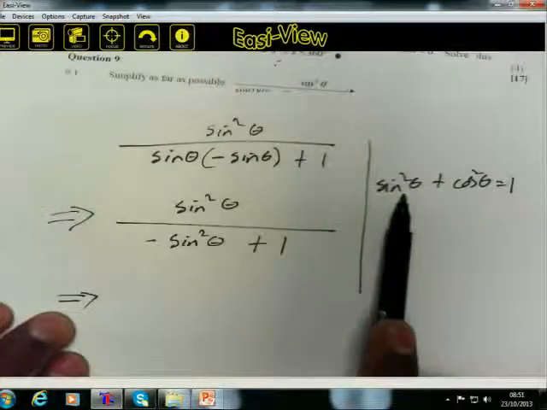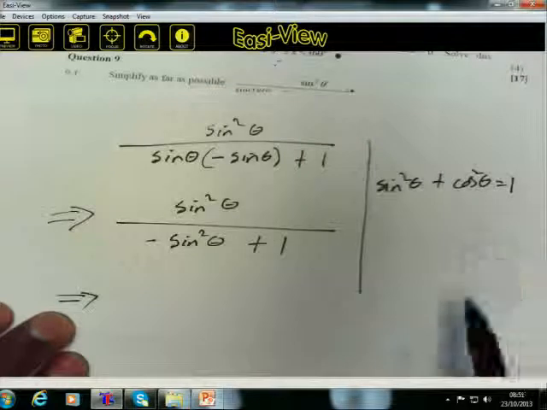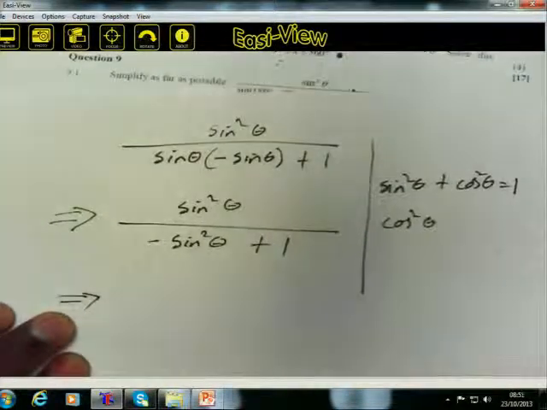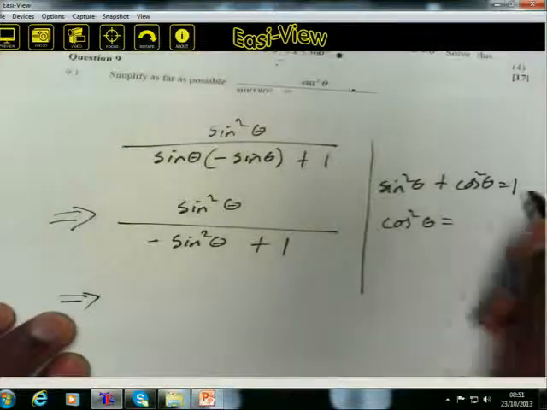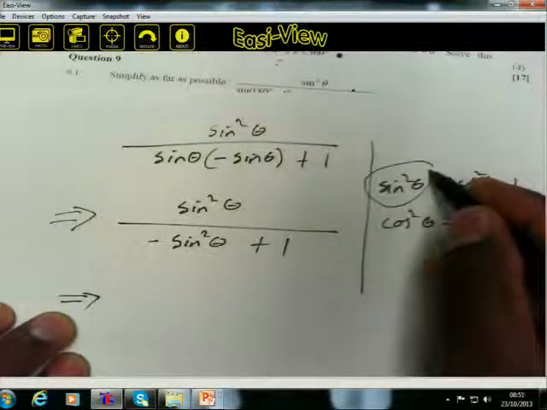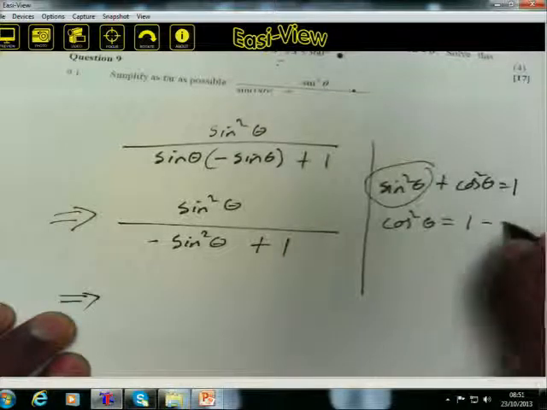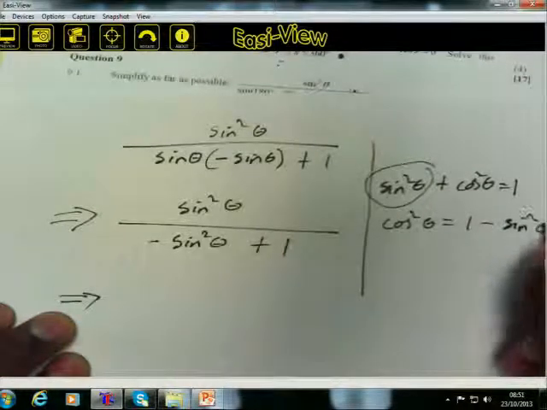If you make cos squared theta the subject of the formula, it means this is 1, this is minus, and you transpose it to the right. It becomes minus sine squared theta.